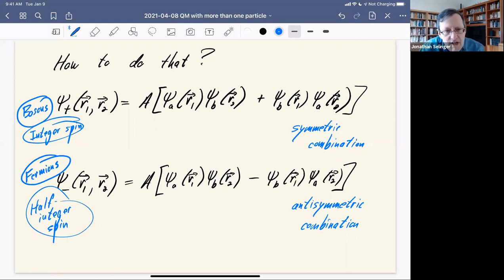So a spin of 0 or 1 or 2, etc. A half integer spin means spin half or spin 3 halves or 5 halves. And so in particular for electrons, I've told you that electrons have spin of 1/2. And so electrons are fermions. Electrons have this property that they need to form an anti-symmetric combination, not a symmetric combination.